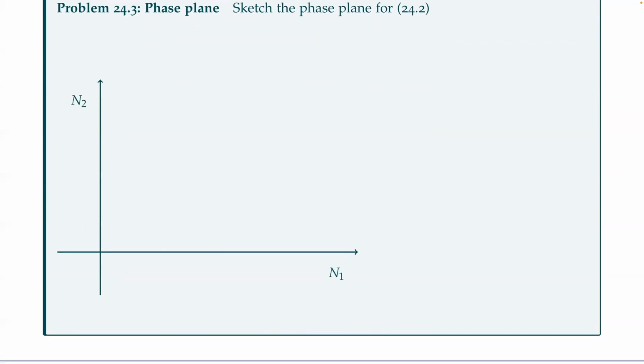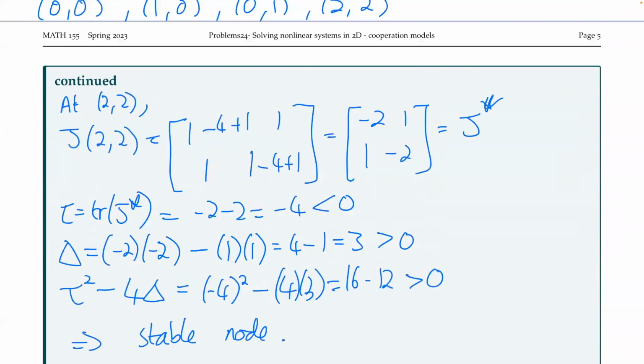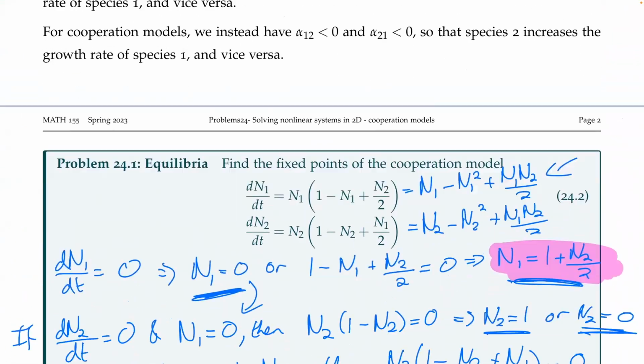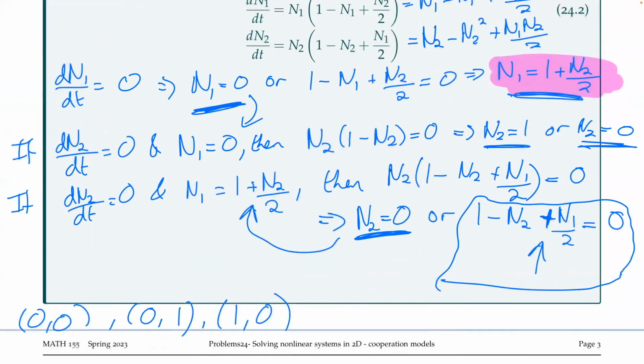Okay, so let's think about our phase plane now. I'm going to work through this one with you guys. So whenever we're working out our phase planes, we need to think about our null lines. But if we've already worked out what our equilibria are, we've already found our null lines, okay?